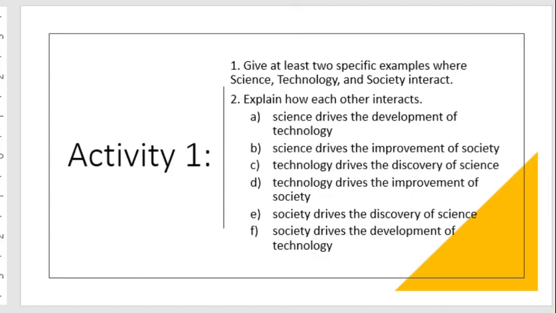And F, society to technology. So please follow the format so that when I check your activity, I will use this pattern: every A that I check will be talking about the interaction of science to technology. All B's that I will be checking will be the interaction of science to society, and so on.